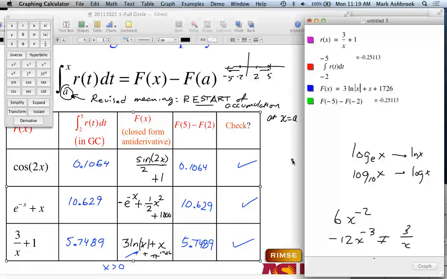Isn't this function symmetrical with respect to the y-axis? Would it be if the original function was not symmetrical? You're saying that the rate is symmetrical? Yeah, if you were to draw a line and split it, it'd be the same, so -5 to -2 and 2 to 5 would end up being the same shape. So this 3x plus 1 looks like this.